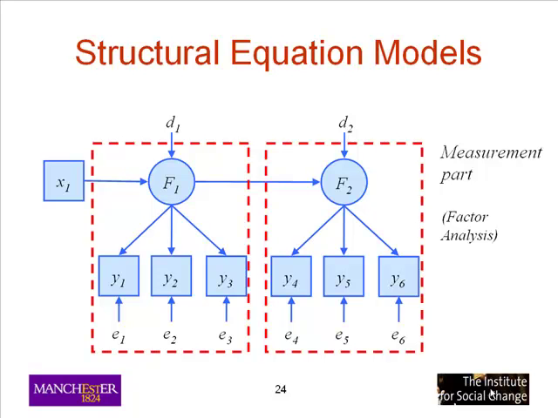So we've got these 6 observed variables here, and we're saying that, okay, they actually represent a measurement of these 2 hidden constructs. And that's a hypothesis. We could have hypothesized just one hidden construct and had all 6 of them being part of that. But here we've got 2 measurement models in this overall structural equation model.